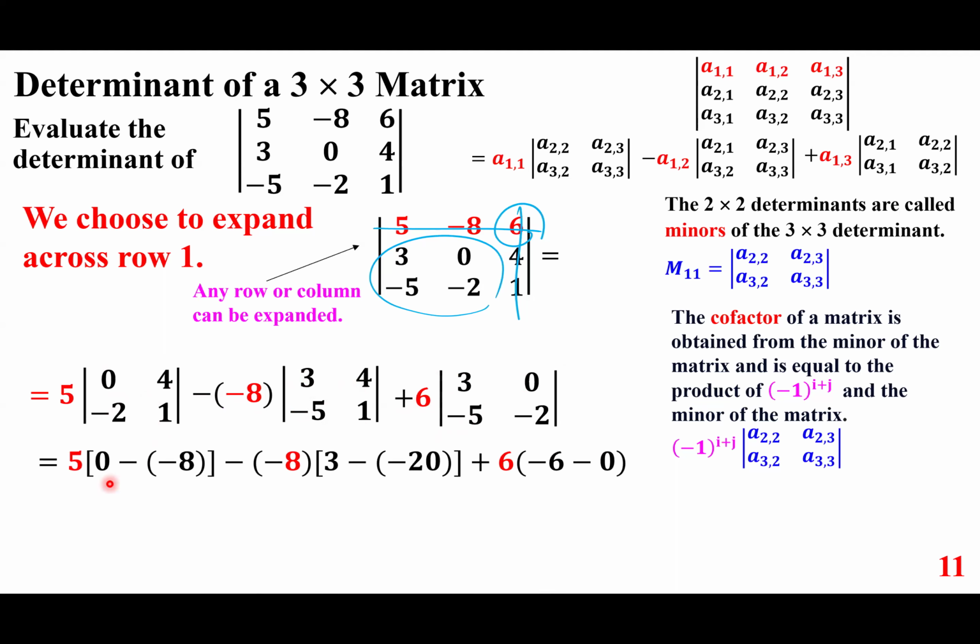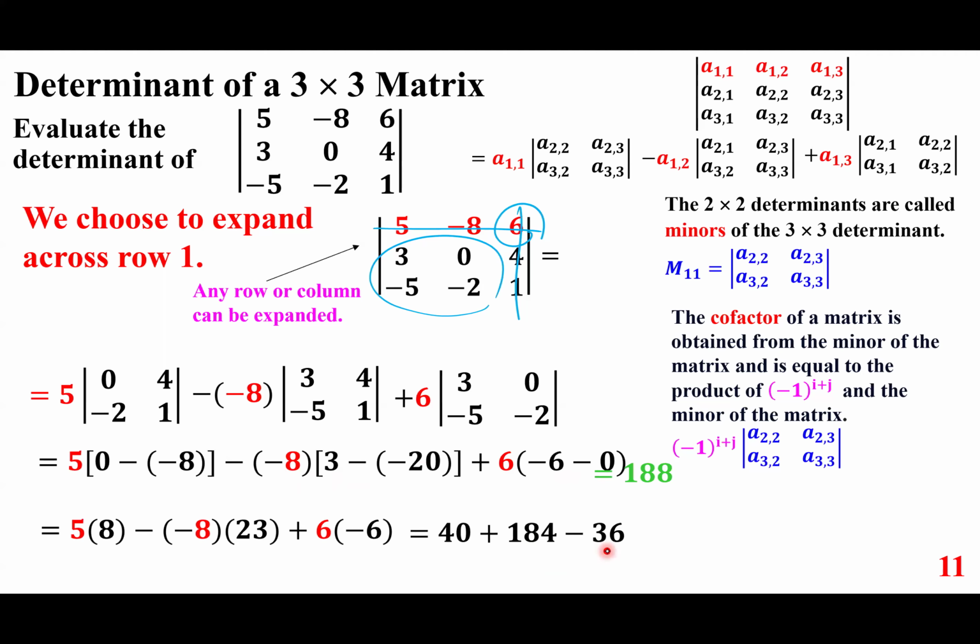So this is 5 times 8, minus 8 times 23, 6 times negative 6. You do the work. You get 40 plus 184 minus 36. They add up to 188, and we're done. So that's how you find the determinant if you want to go with the first row.